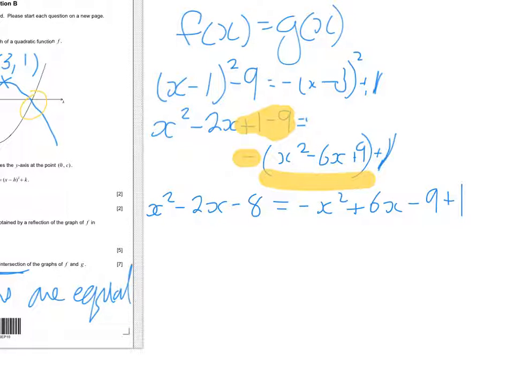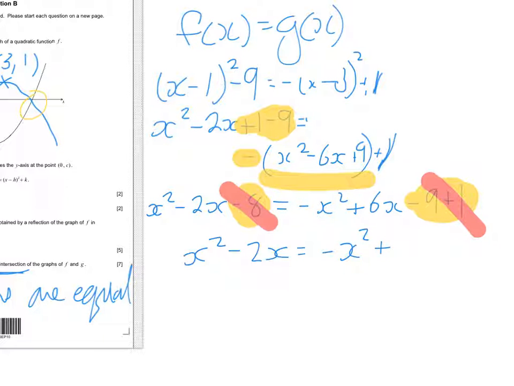And again I can cancel here because I've got minus 8 here and minus 8 there, leaving me with, on the left hand side, x squared minus 2x, on the right hand side minus x squared plus 6x.